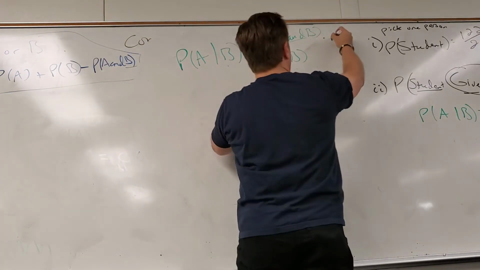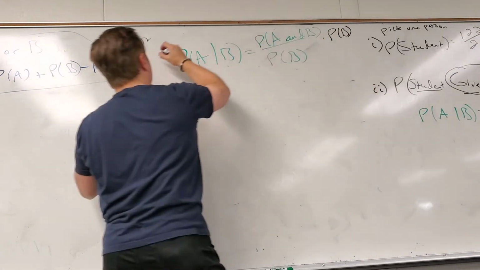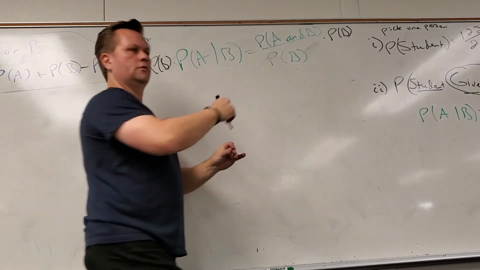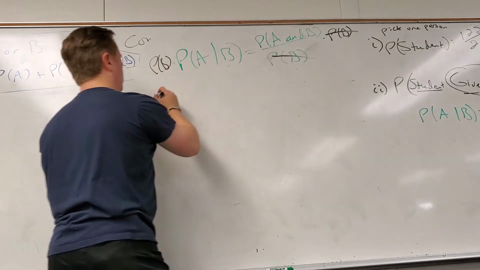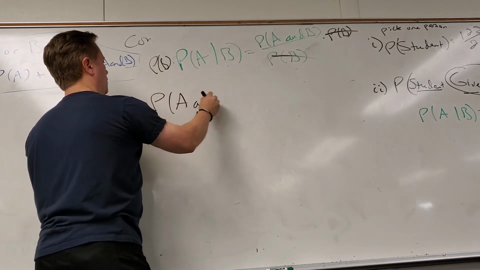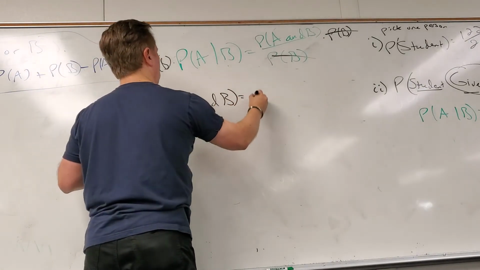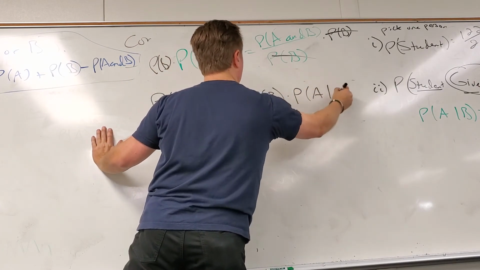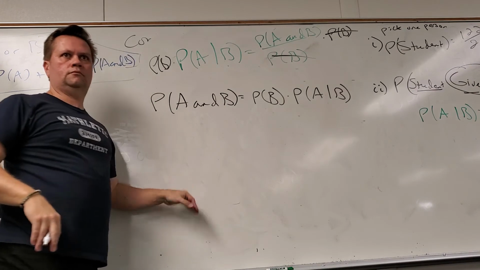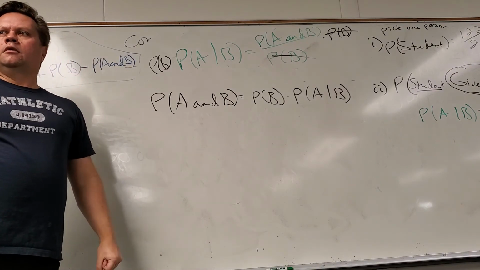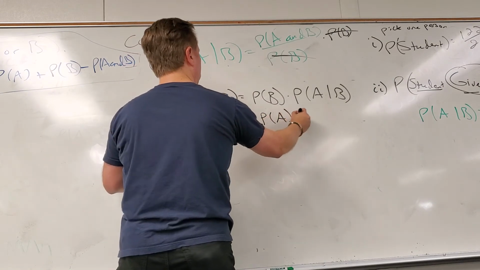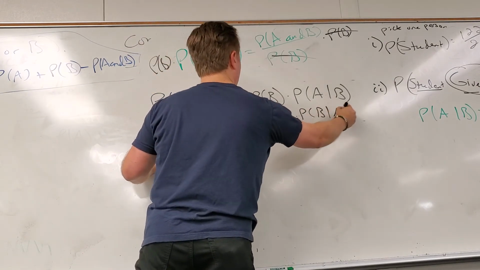Yeah, multiply by peanut butter. Right? So now I have a formula for "and." And to be honest, it could actually be this way too. Doesn't really matter.